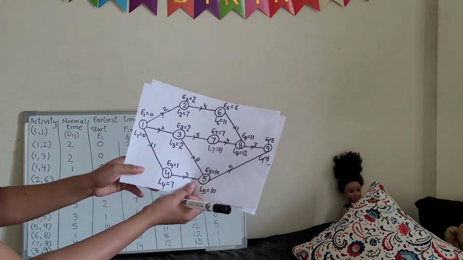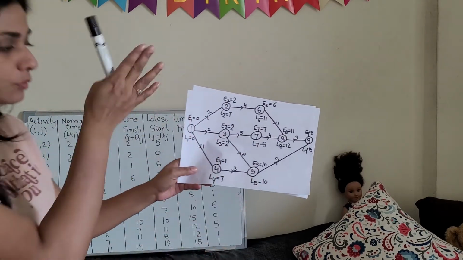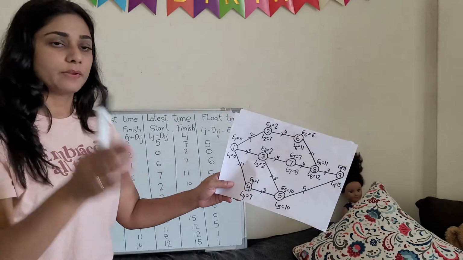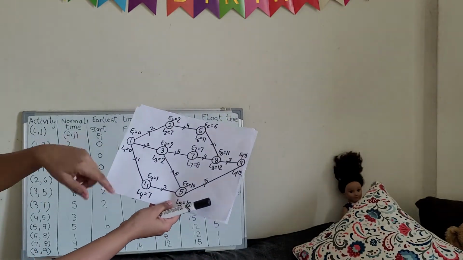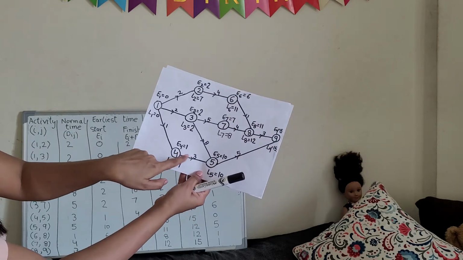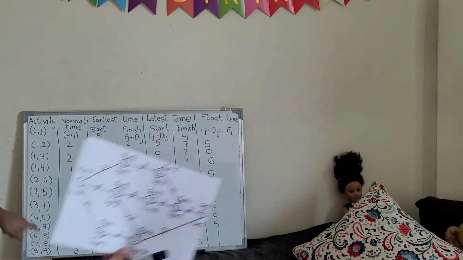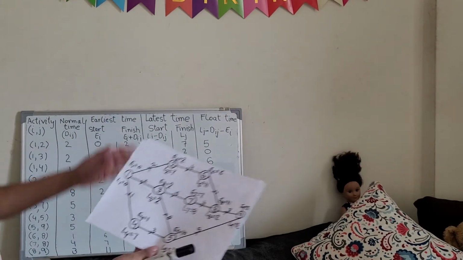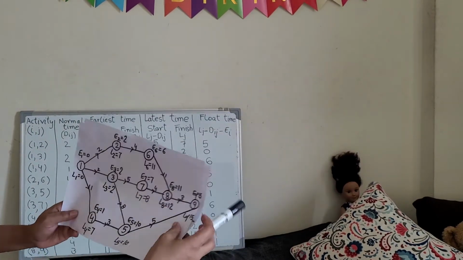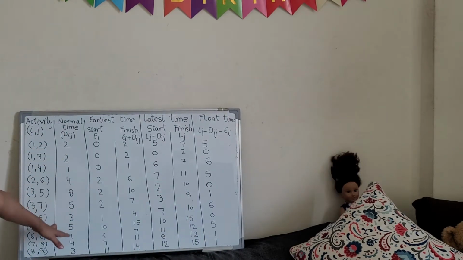Got it? Now if 2 activities are going, we will write all one by one. Now after 3 we will come on 4. 4 to 5 is 3. Similarly we will write the normal time for all activities, and this column is also done.